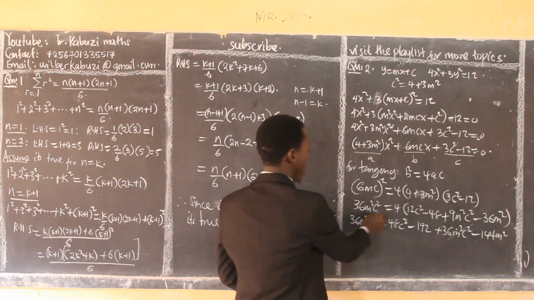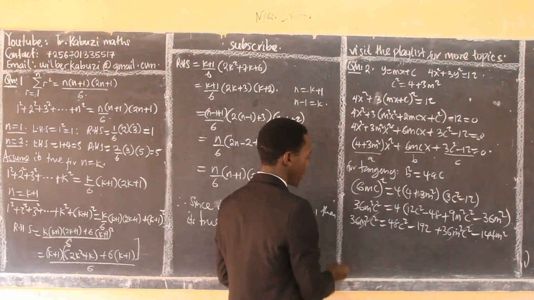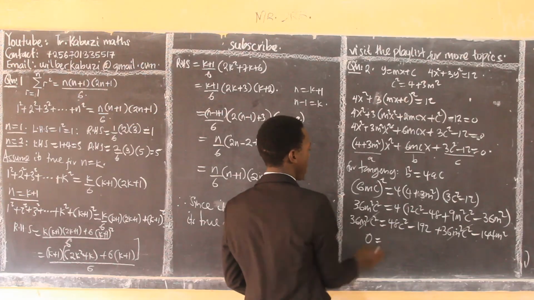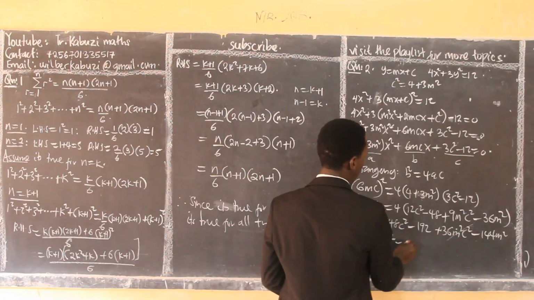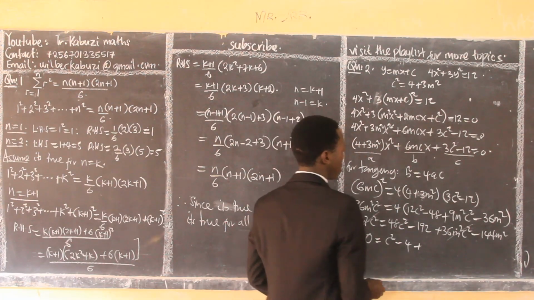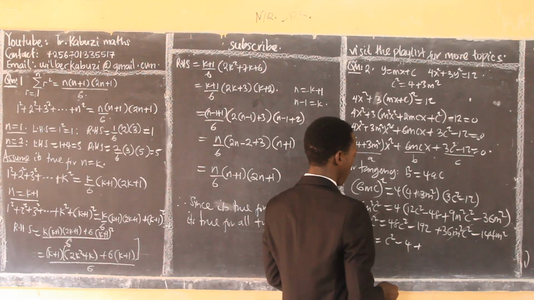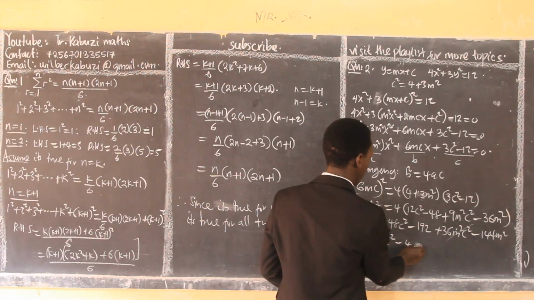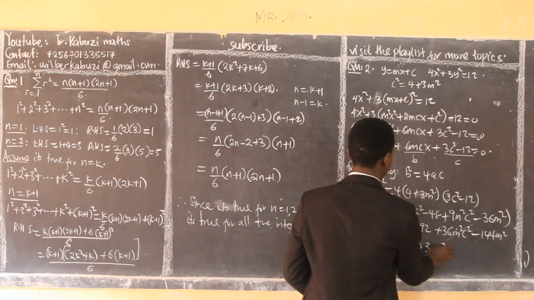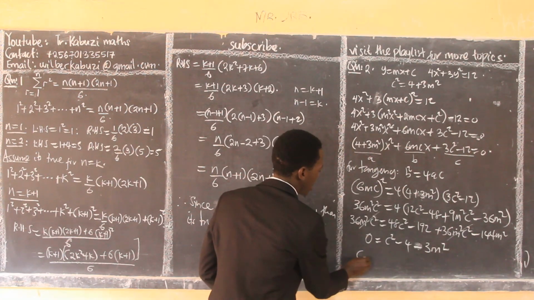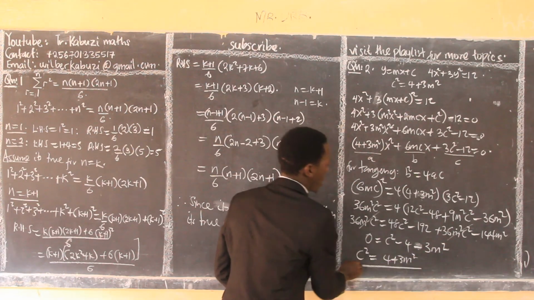You see that this one is going with this. Now I choose to divide through by 48. So my 0 is going to be, by 48 there you get c squared, minus by 48 here you get 4, plus by 48 there you get, I think minus by 48 there you get 3m squared. If you make c the subject, you can see that c squared is 4 plus 3m squared, and that's the proof they want us to show.